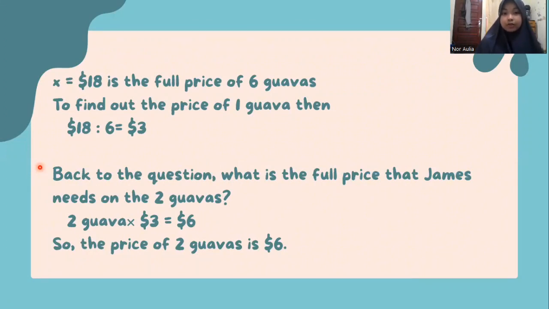To find the price of 1 guava, $18 divided by 6 equals $3. Back to the question: what is the full price James needs to pay for the 2 guavas? 2 guavas times $3 equals $6. So the price of 2 guavas is $6.